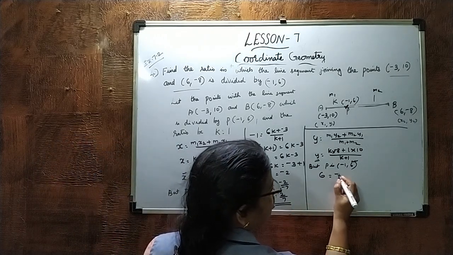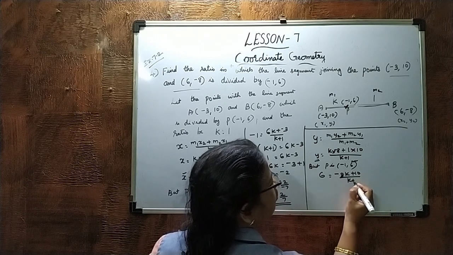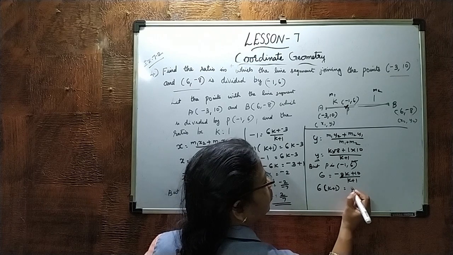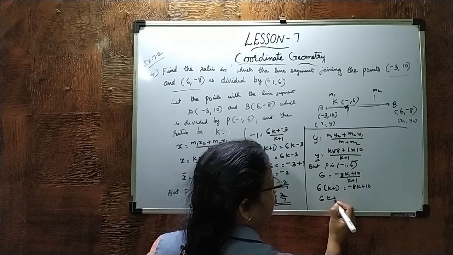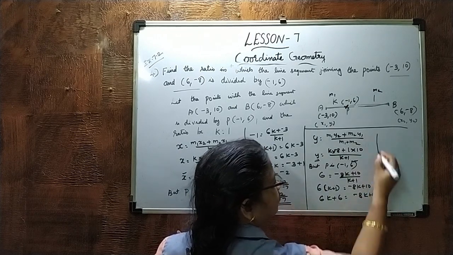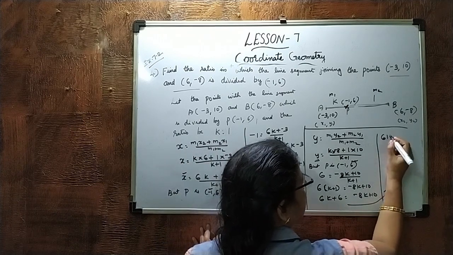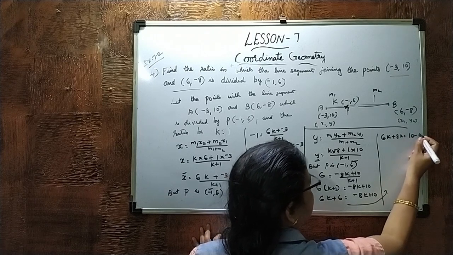So, 6 is equal to (negative 8K plus 10) divided by (K plus 1). Now, 6 into (K plus 1) equals negative 8K plus 10. That means 6K plus 6 is equal to negative 8K plus 10. Then again, 6K plus 8K equals 10 minus 6.